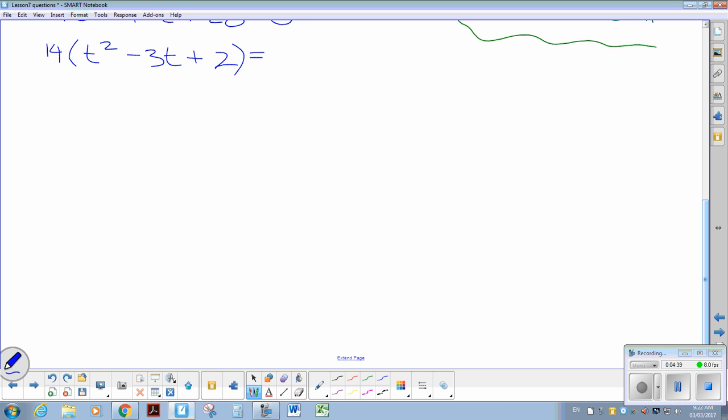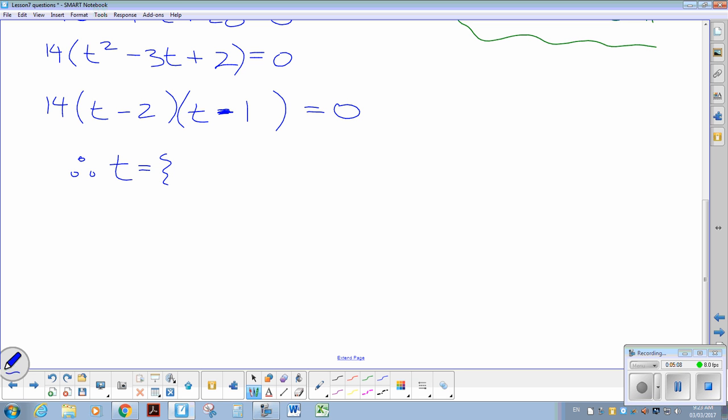So now I get to factor that, and fortunately this question, when I look at it, is going to factor nicely, so I don't have to go to the quadratic formula. 2 numbers that multiply to 2 and add to negative 3. So I'm going to end up with t minus 2 times t minus 1. So therefore, my scalar values will be positive 1 and positive 2.